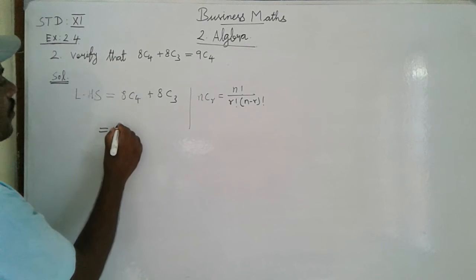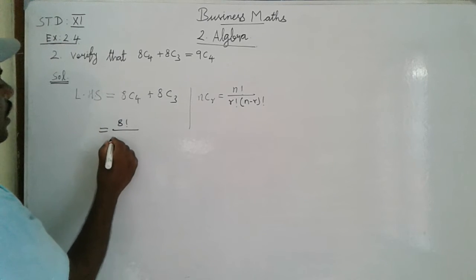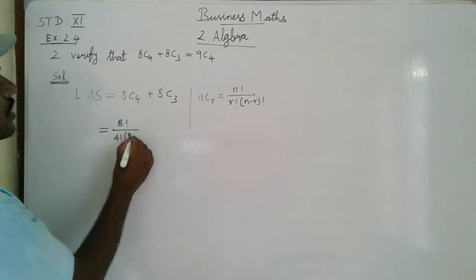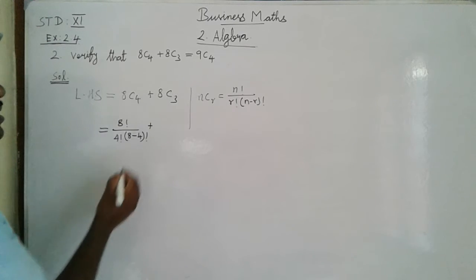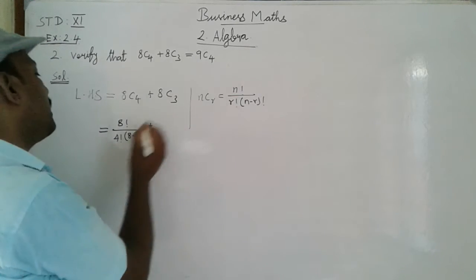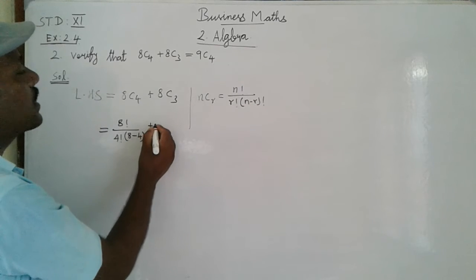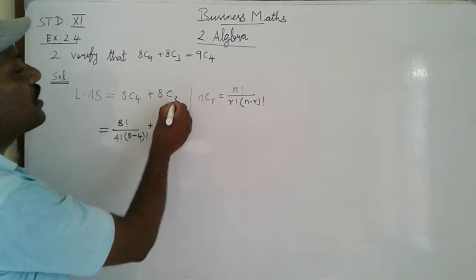8C4 is 8 factorial divided by, r is 4, so 4 factorial into (8 minus 4) factorial, plus, substitute this formula, n is 8, so 8 minus r, r is 4, 4 factorial, plus 8C3. N is 8, r is 3.